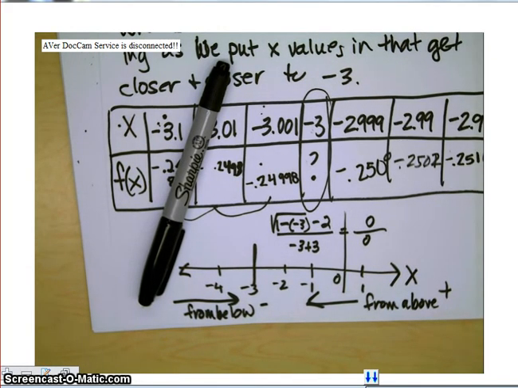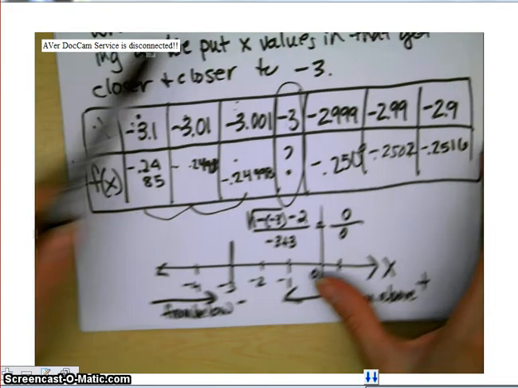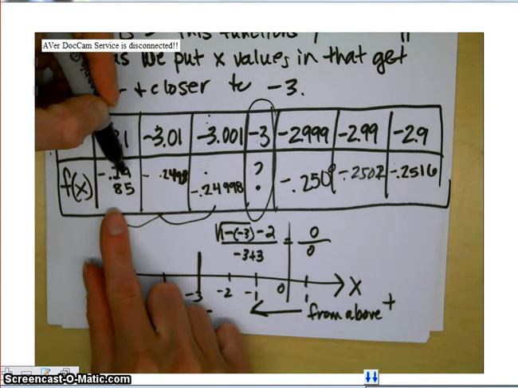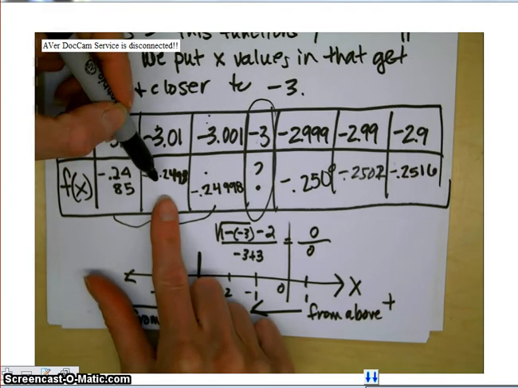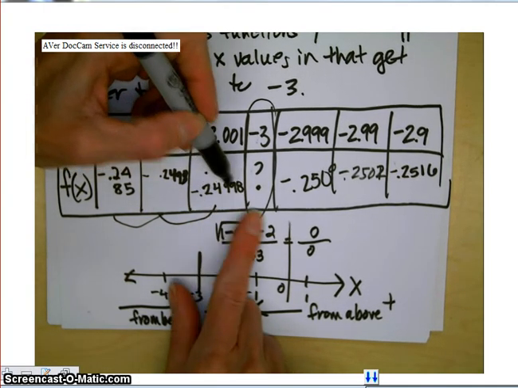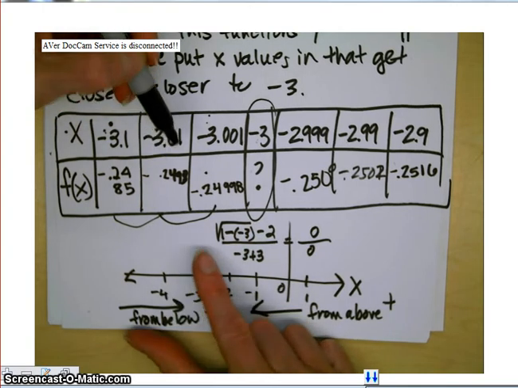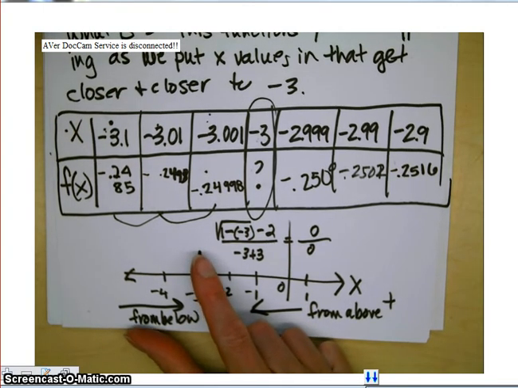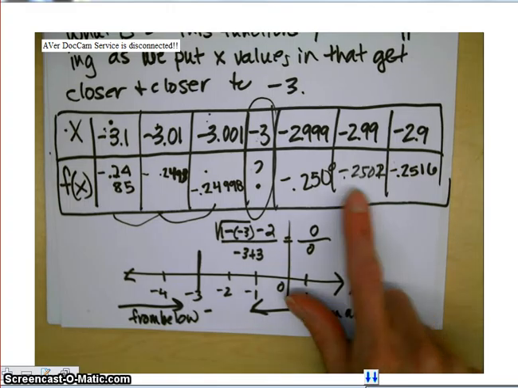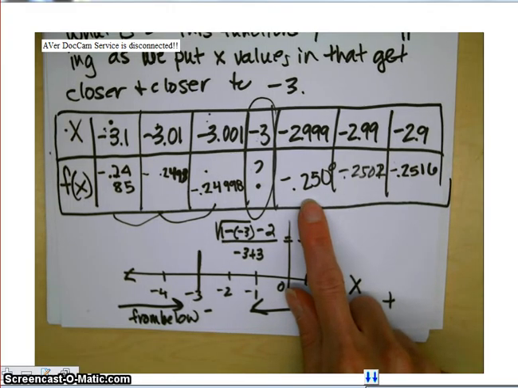I need your focus back up here now. Okay, so what are these numbers getting closer to? -0.2485, -0.2498, -0.24998. What do they all round to? -0.25. What do all of these getting closer to? -0.25.